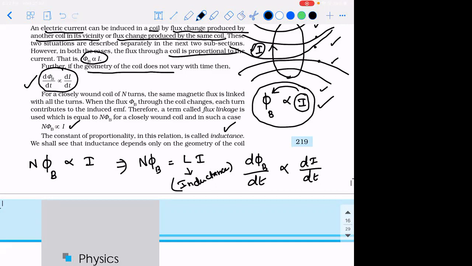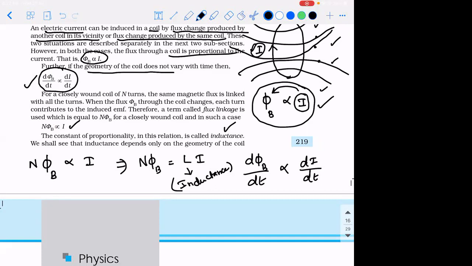It is not like N phi B is directly proportional to N I. I didn't say that. If you pass 5 amperes of current through one turn or N turns, then N times that flux is directly proportional to that 5 ampere only. That is the meaning. So you should not take the N to the other side.